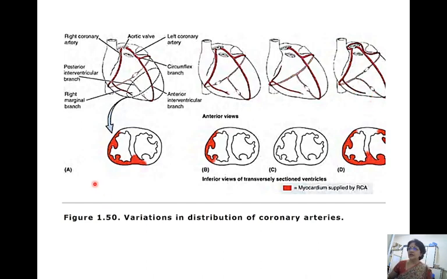So again, a rare variation. This is the most common. B can happen. C can happen. It means the territory of one artery can vary. C is only rare.